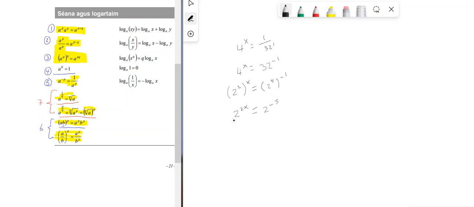And now because we have them as the same base, we can just forget the base numbers and let the indexes be equal to each other. So it's going to be 2x is equal to minus 5.